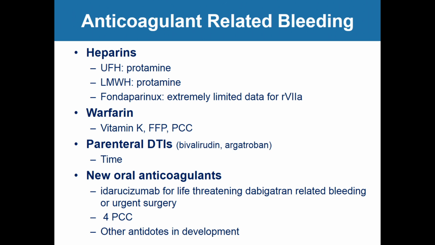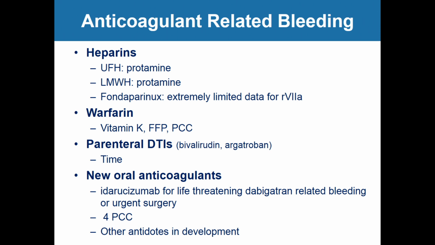For parenteral direct thrombin inhibitors such as IV bivalirudin or IV argatroban, the only reversal agent available is that of time. Bivalirudin has a half-life of 25 minutes, argatroban 45 minutes in patients with normal renal or liver function.